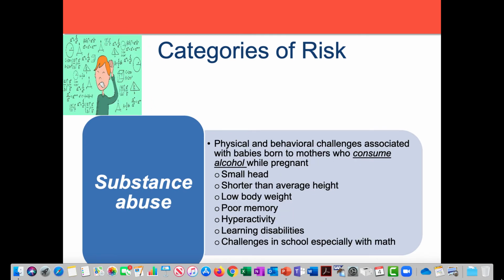Additionally, we know that for mothers who consume alcohol, children may end up with fetal alcohol syndrome, which definitely is a very challenging disability for the child and the family.